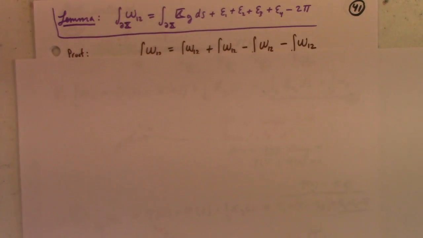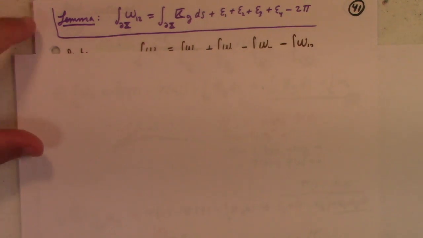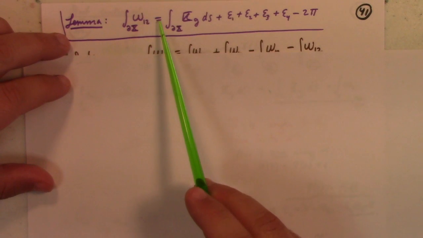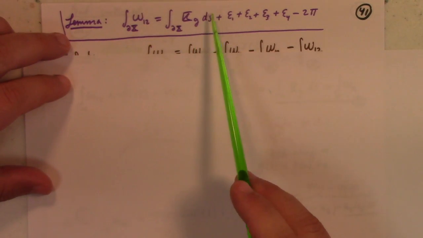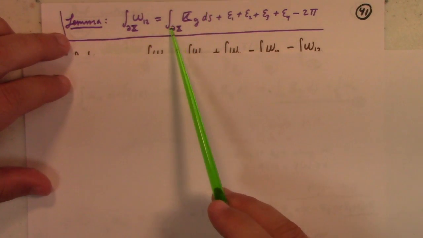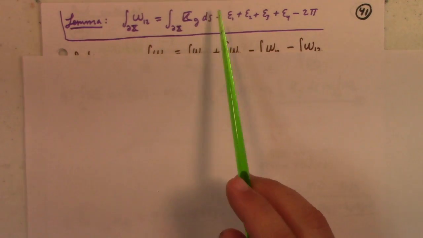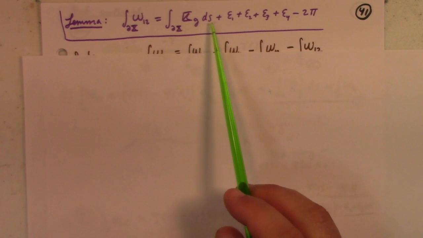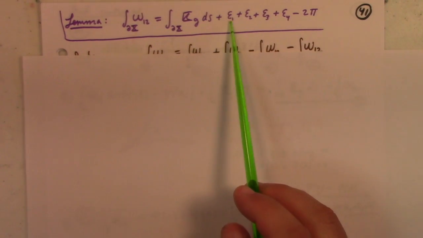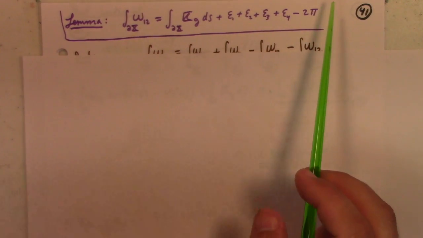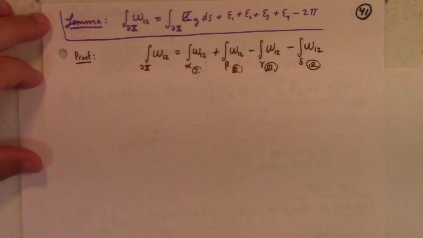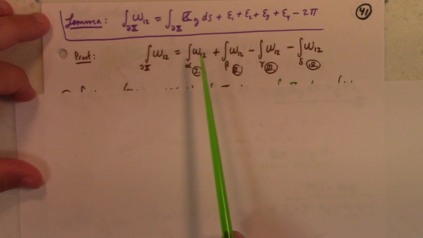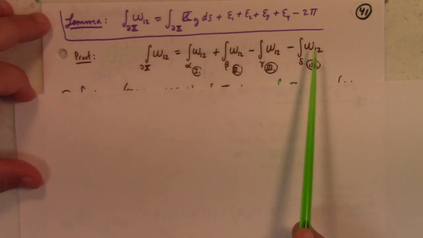so here's the lemma. The integral over the boundary of the 1-2 connection form is equal to the integral of the geodesic curvature over the boundary of x plus the turning angles here, minus 2 pi. Now, to break up this integral, I've got this plus that, minus that, minus that.